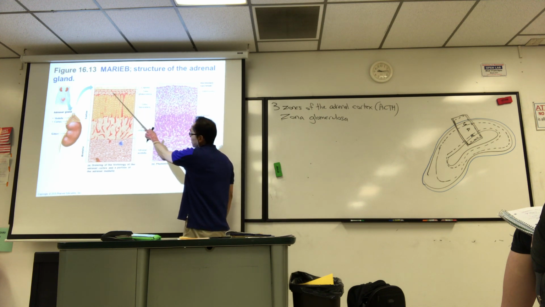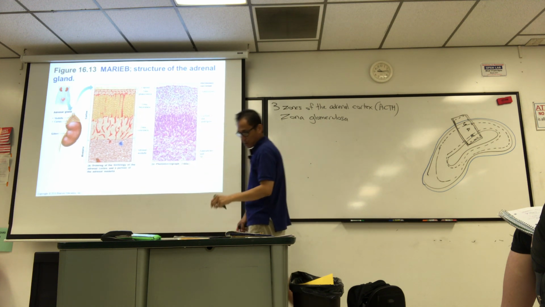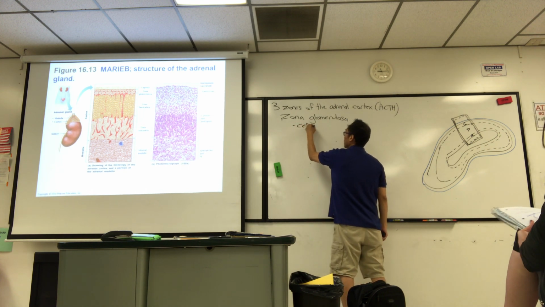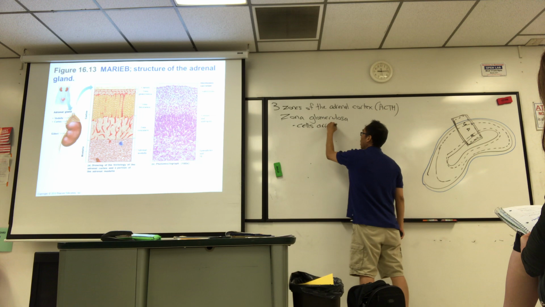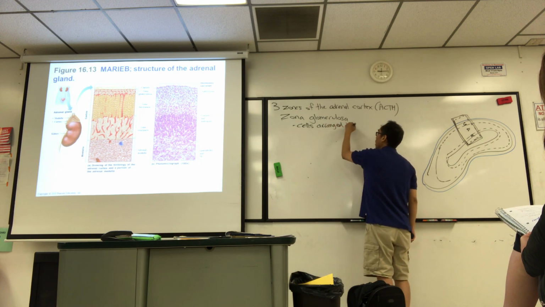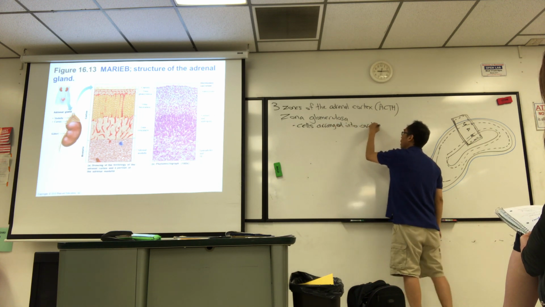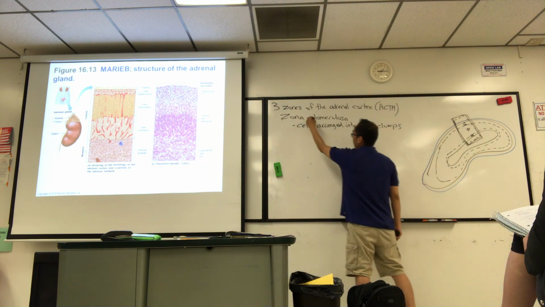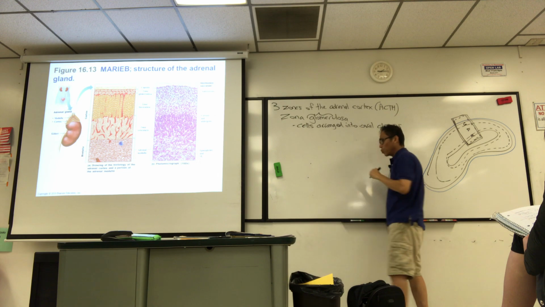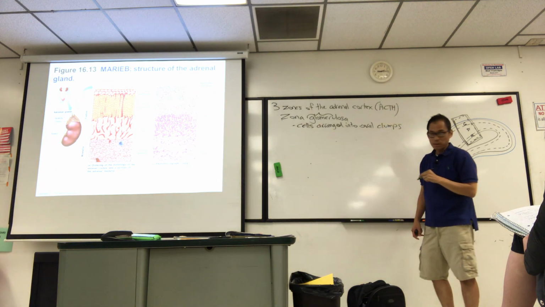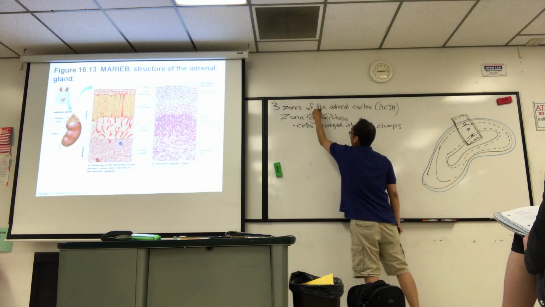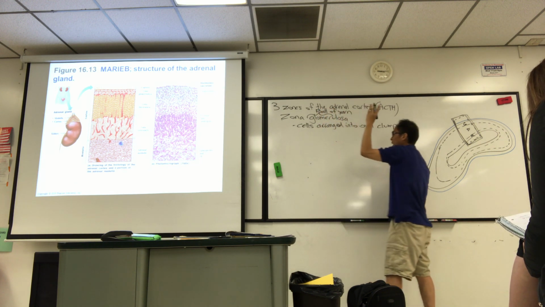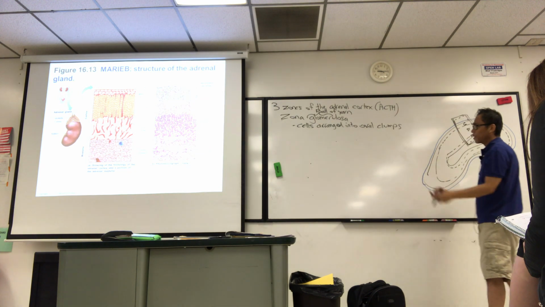The arrangement of the cells, oval clumps, is why they gave it that name. It turns out glomer, that word root, means ball of yarn. Hence the name glomerulosa. So that's the appearance of the cells.